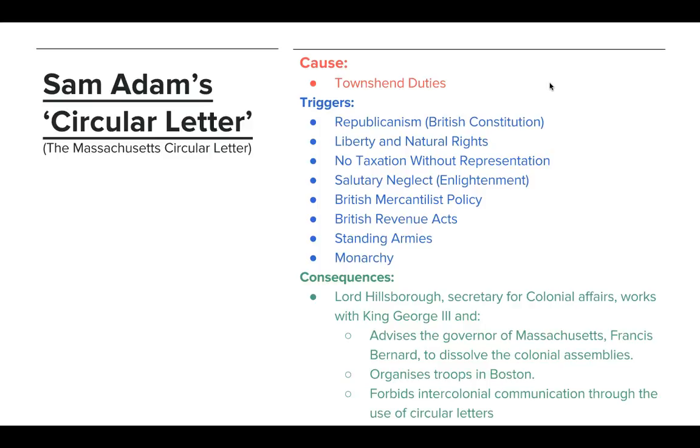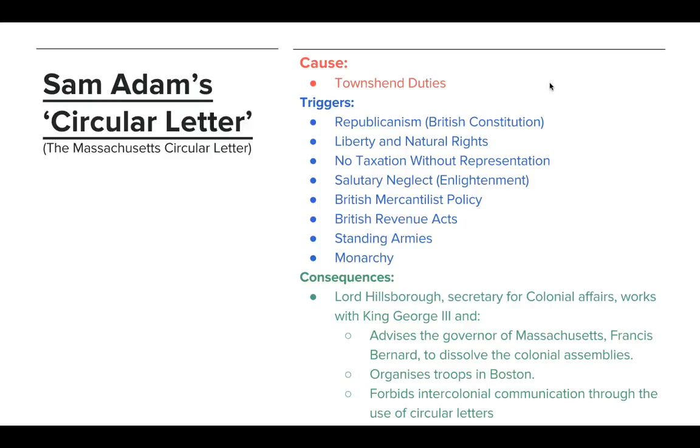The triggers are all the themes of republicanism in the British Constitution, liberty and natural rights, the idea of no taxation without representation, salutary neglect, which is also Enlightenment theory, because the Enlightenment said that people don't require God to live. They can be their own gods. And so that's what salutary neglect's trying to communicate. The British mercantilist policy, British Revenue Act, standing armies, and ironically, the monarchy.